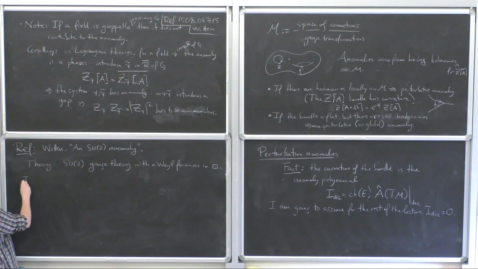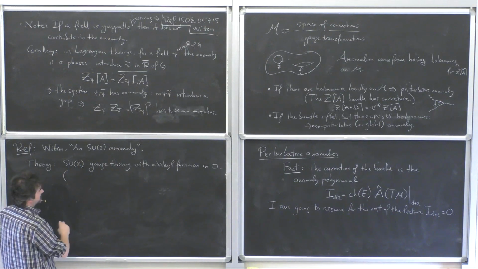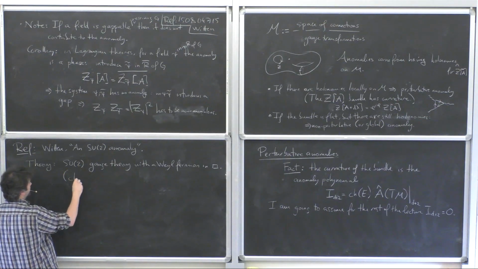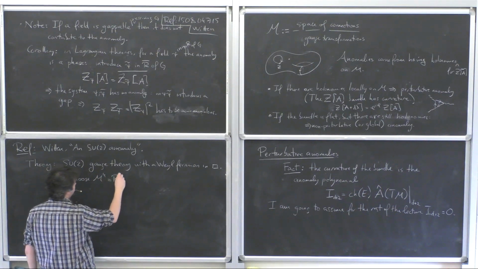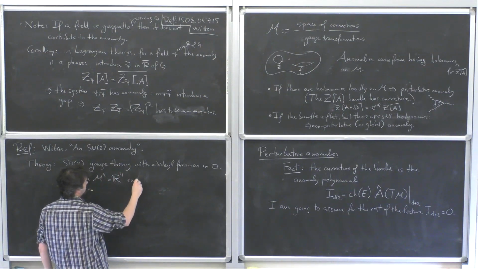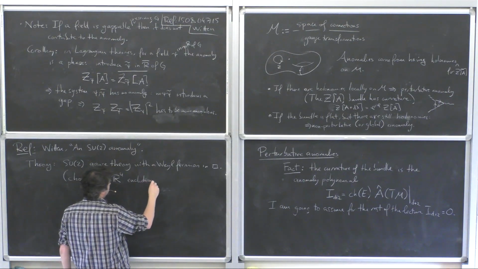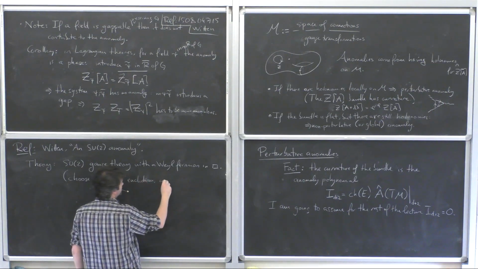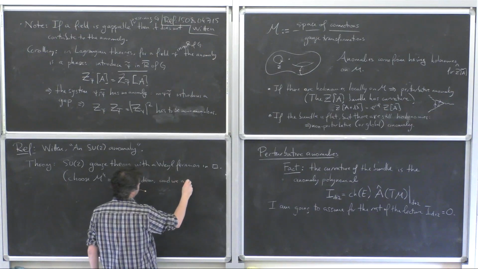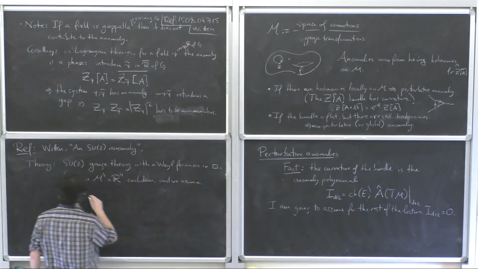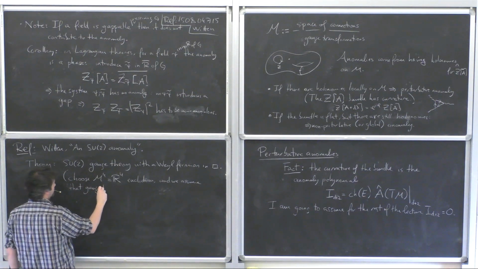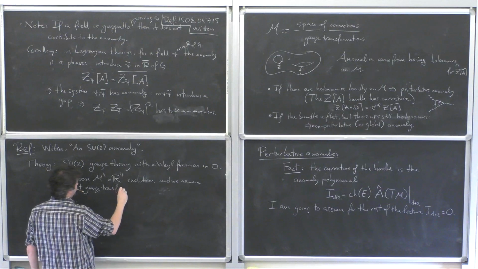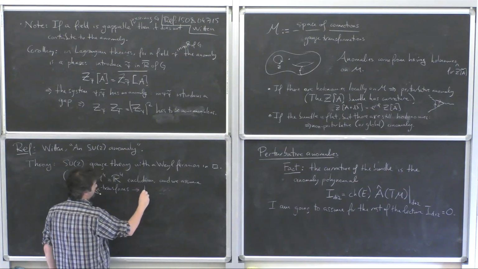So in general, for this kind of analysis, we choose my 4-manifold to be R4, Euclidean. And I'm going to assume that gauge transformations go to the identity at infinity.